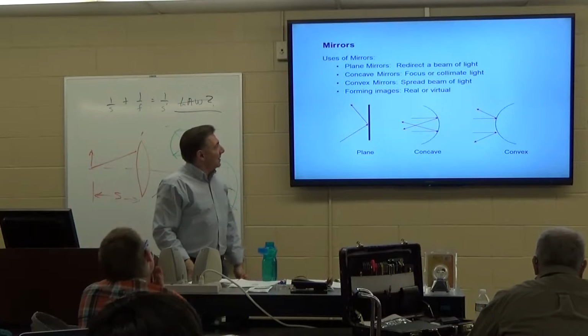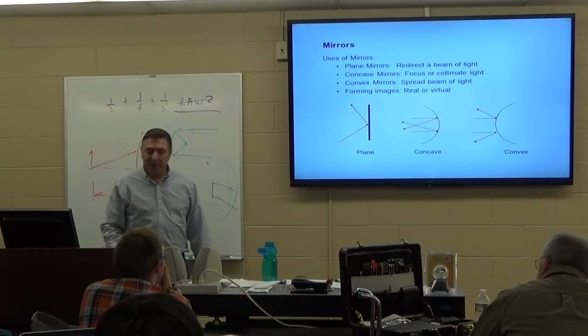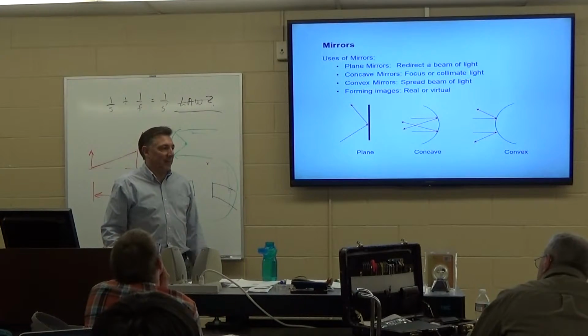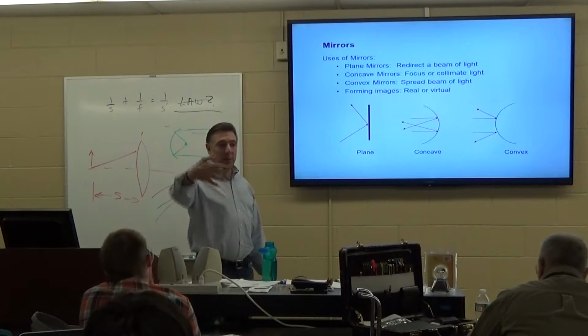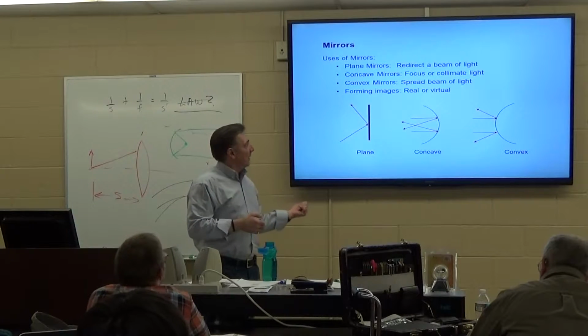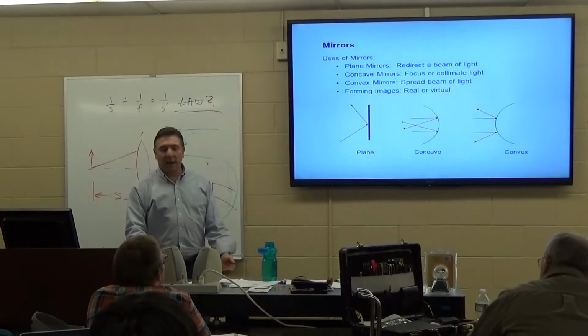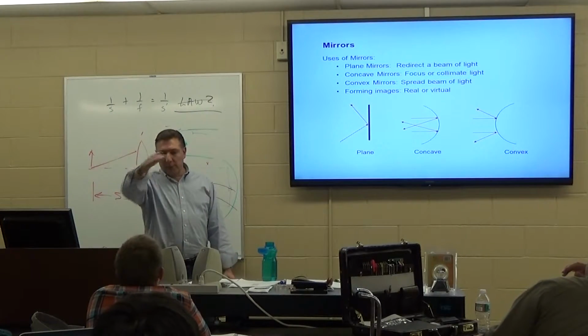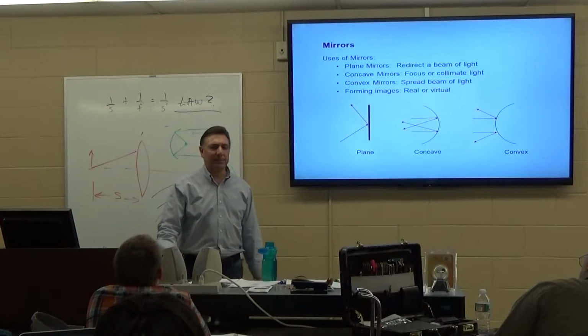Yeah. So, mirrors. What do we use mirrors for? Well, most of the answers are obvious, but mirrors are used for reflecting light. The mirror you look at in the morning every day. But you also have curved mirrors, concave mirrors and convex mirrors. Concave mirrors, if you have a mirror that's concave, where do you see that?